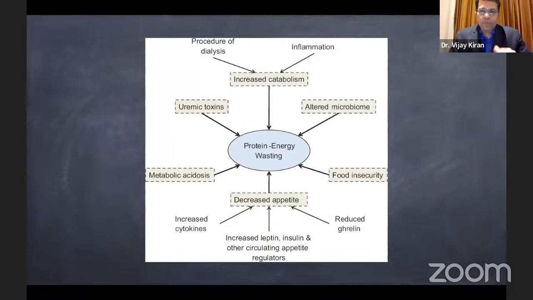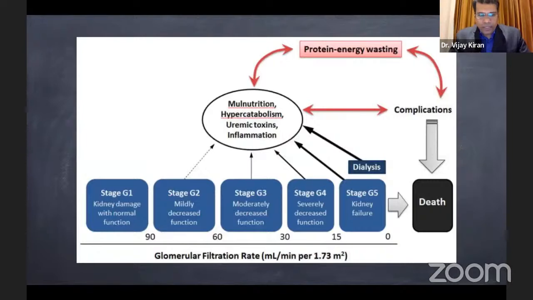Decreased appetite due to various other factors, reduced ghrelin, increased leptin, and all the extracellular cytokines released in dialysis can also contribute. Uncontrolled metabolic acidosis and the uremic milieu all lead to this protein energy wasting. And this usually progresses as the stages of chronic kidney disease progress.